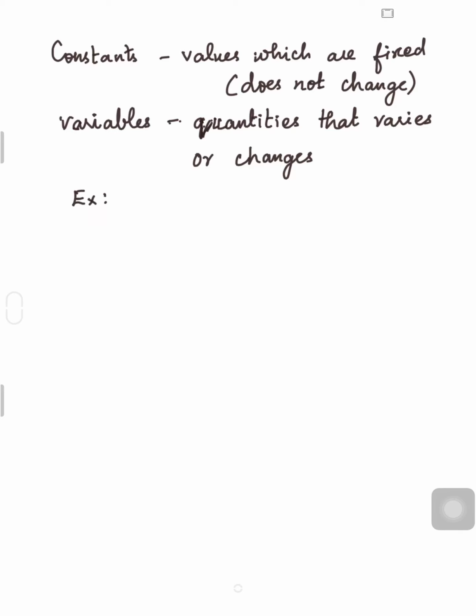For example, 2, minus 5, 1 by 3, minus 5 by 9, all these are constants. Their value does not change, whereas variables' value changes according to the problem, as I said.